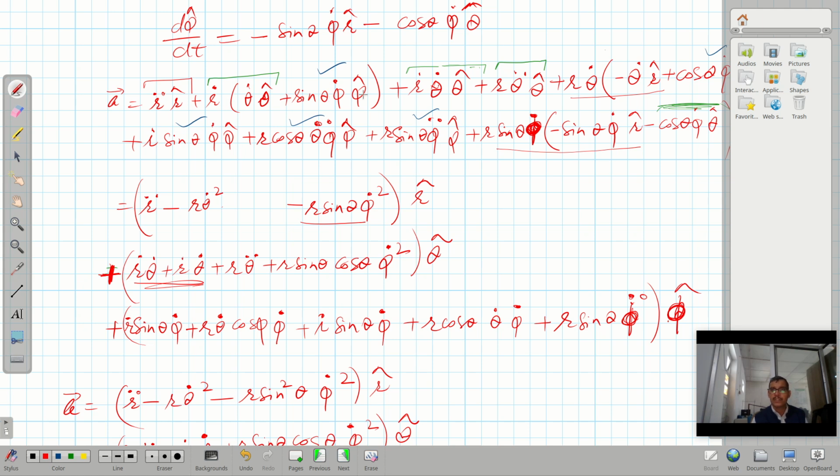I missed it. And r theta double dot is here. So for the phi, this is one phi term and another phi term is here, so it is r theta dot cos theta phi dot. Yes, it's right, the rest will be fine.